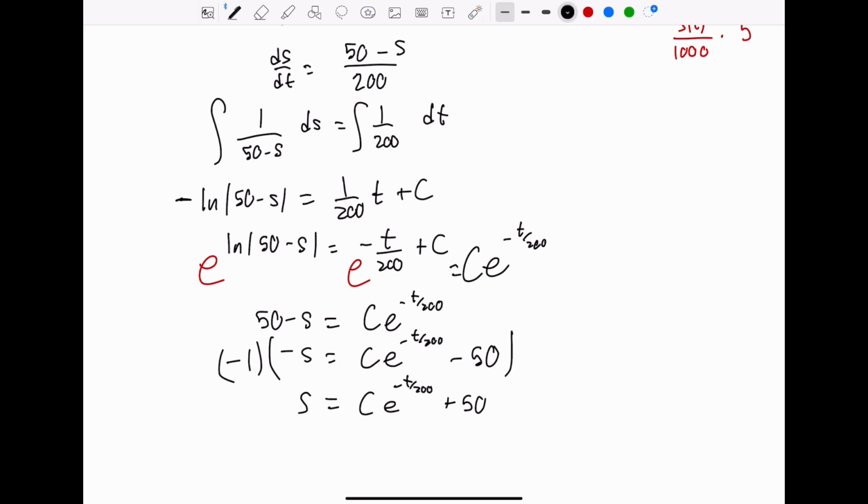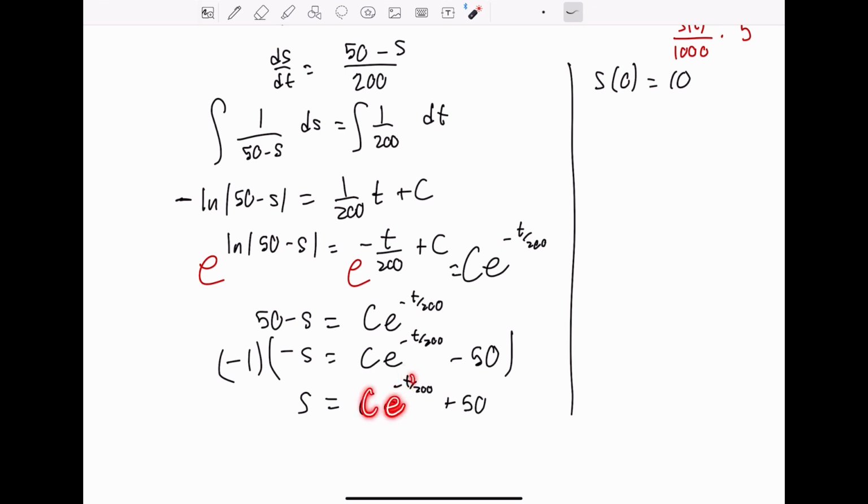So let's do this off to the side a little bit. We're told that the initial amount of salt in the tank is 10 kilograms. So this is equal to when we plug in 0 for t. If we plug in 0 for t, notice that we have c times e to the 0. E to the 0 is just 1. So if we plug in 0 for t, we're just going to be left with c. So we have c times 1 plus 50.